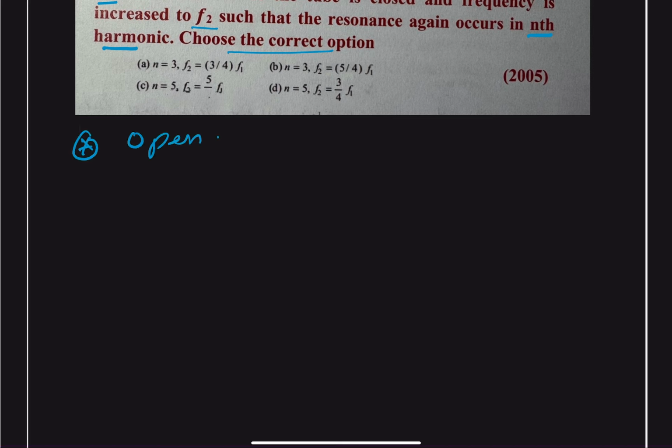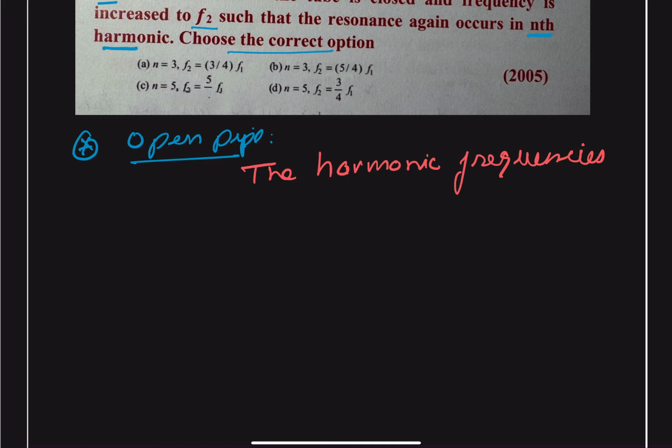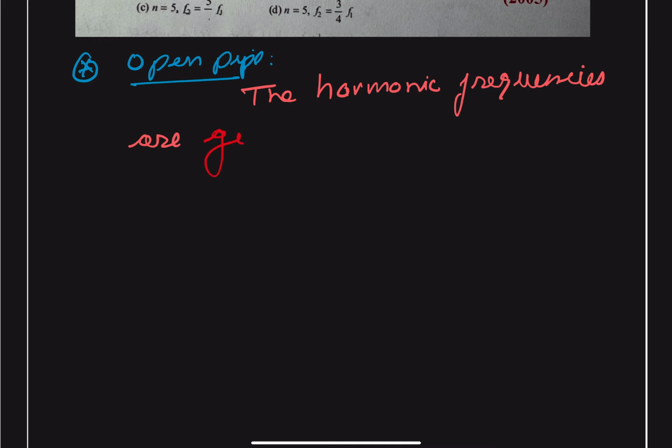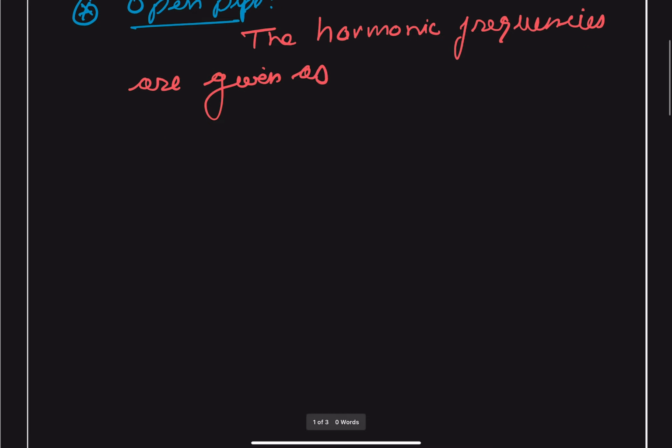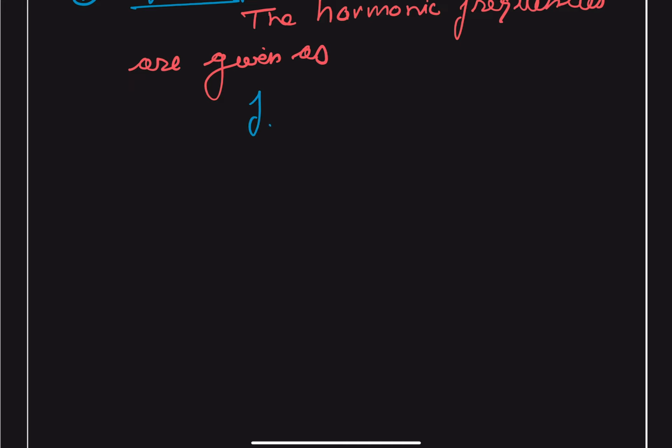So we have the open pipe, and in this open pipe the harmonic frequencies are given by the formula Fn equal to n multiplied by V divided by 2L, where n varies from 1, 2, 3 and so on, V is the velocity and L is the length.